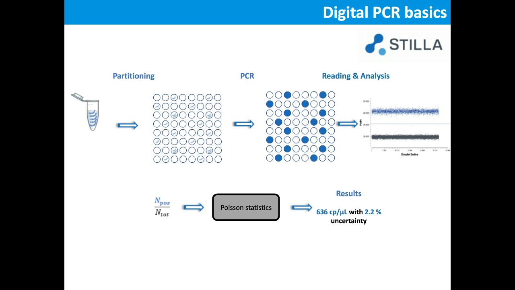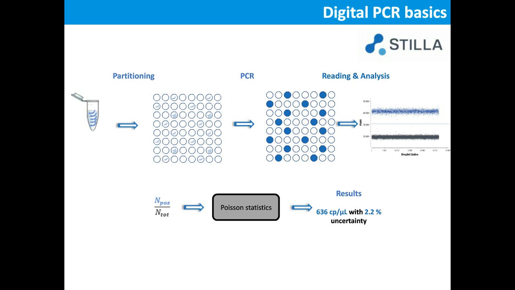So you will partition your samples, making thousands of droplets, for instance between 25,000 to 30,000 droplets using the Naica systems. And then you will amplify your samples and measure how many droplets containing the target DNA you have.